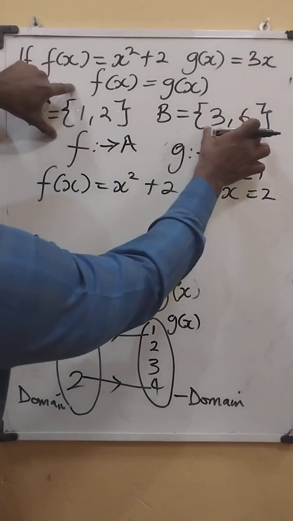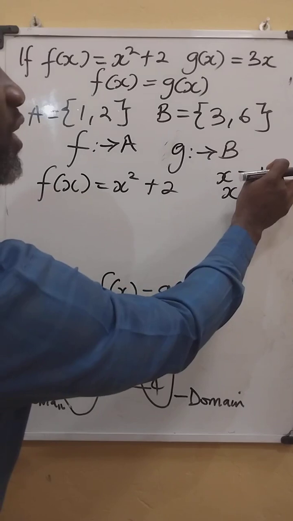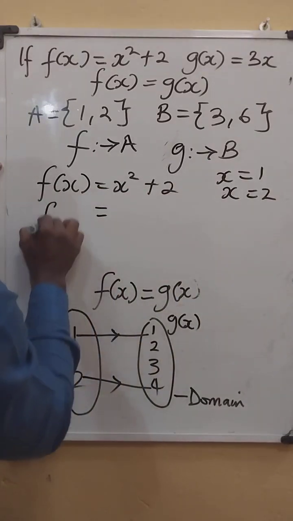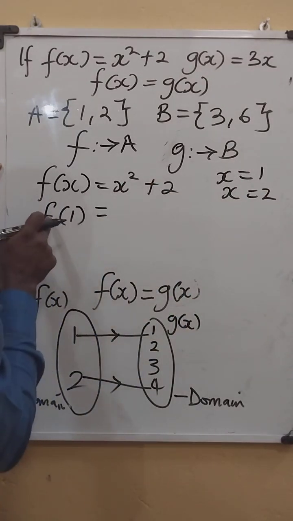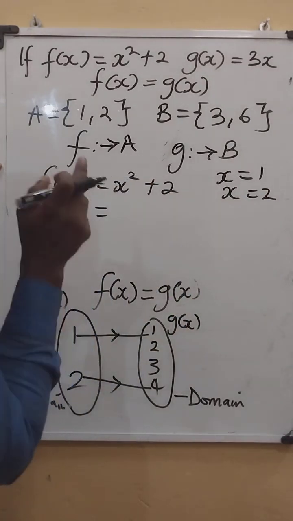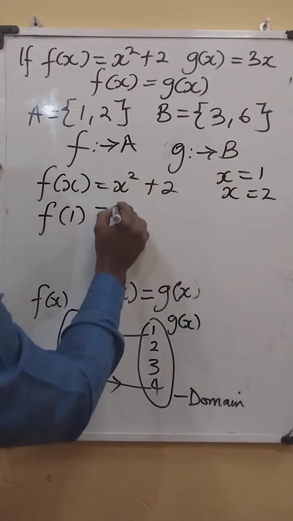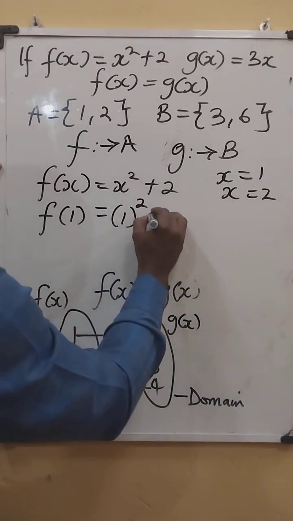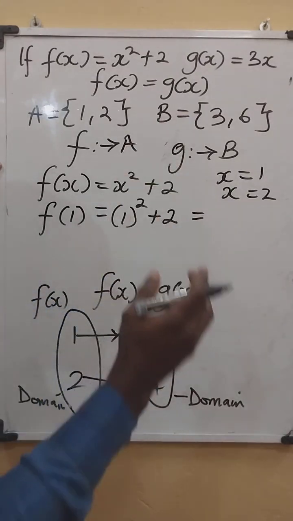So let us see now whether this domain is equal to this domain, just like we have here. So we are going to substitute the value 1 into this function. So that means you put it like this. So we are taking x as 1 in the function of x. So anywhere you see x, you are going to replace it with 1. So you come here, 1 raised to the power 2 plus 2 is equal to, so 1 raised to the power 2 is what?